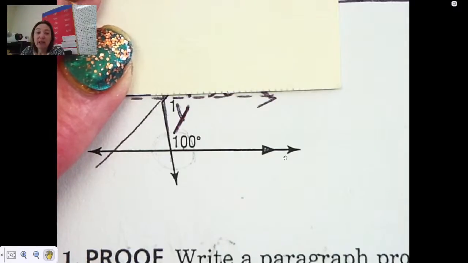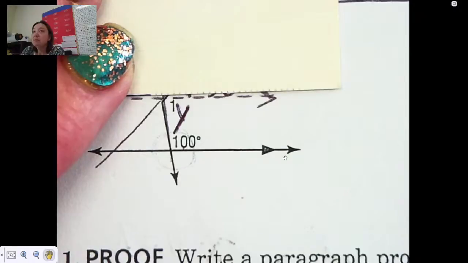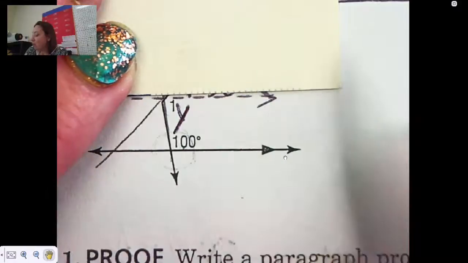They're on the same side and they're interior, which means they are, starts with an S. Yes, they're supplementary. They add up to 180.